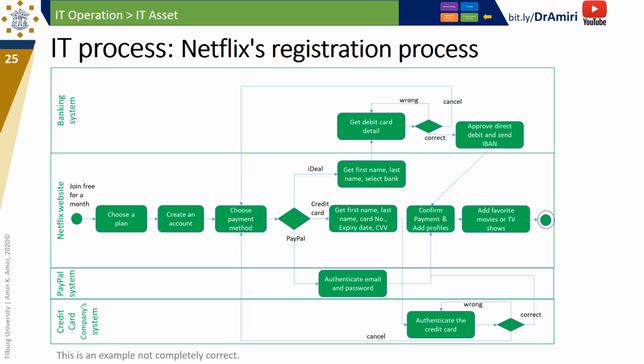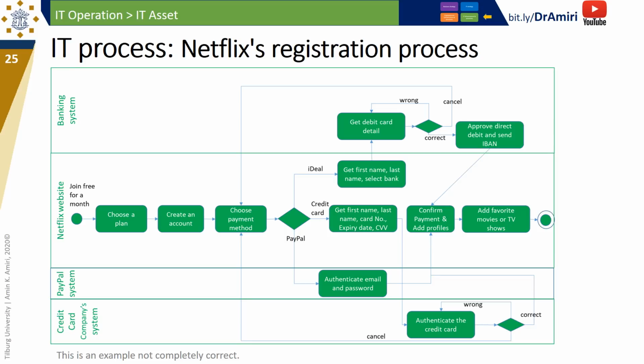We just saw several user interfaces related to the registration process. But if you want to draw that registration process, you see that as soon as you click on join free for a month on the Netflix website, you need to choose a plan, create an account, and choose a payment method.